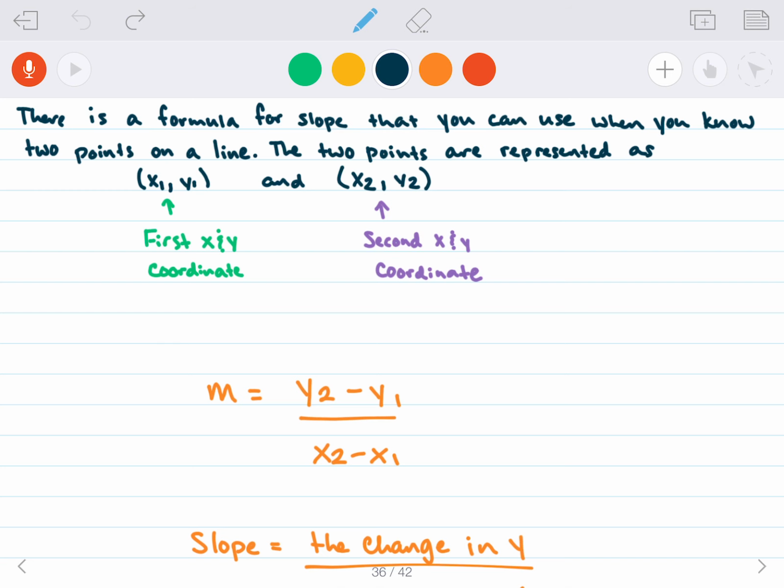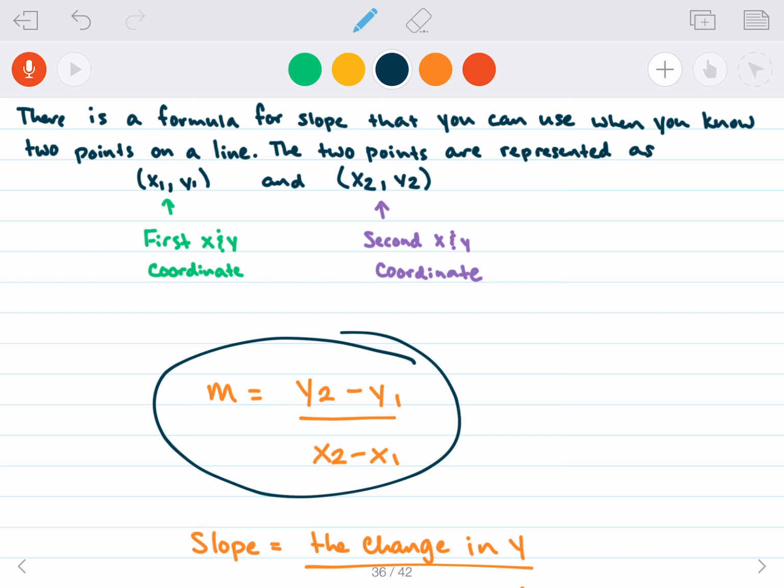Well, if you know 2 points on a line, if you know their x comma y, then those 2 points are represented as x1 comma y1, where this is our first xy coordinate. And then the second one is x2 comma y2, where this is our second xy coordinate. This is the formula.